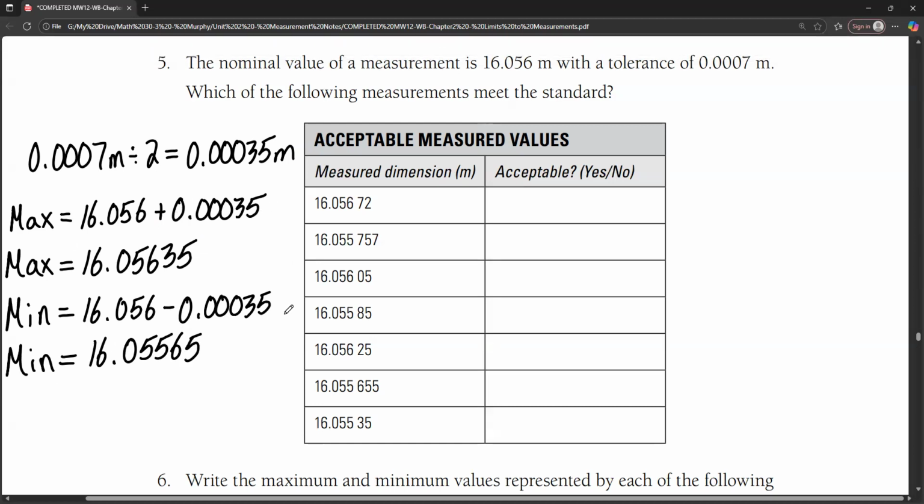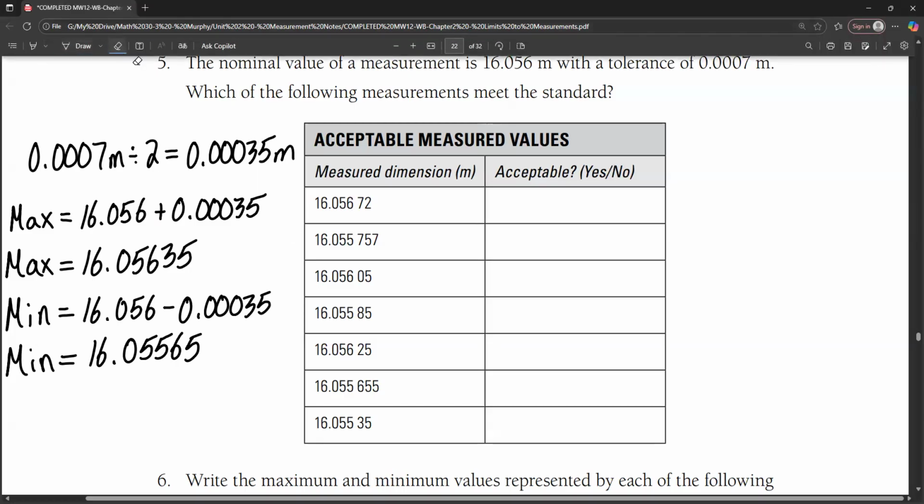And if you want to get rid of these two, just so that you can only focus on the two numbers there, that is not a bad plan. Okay, so again, we're looking at maximum and minimum, and we're asking ourselves, do these fit between the minimum and the maximum?